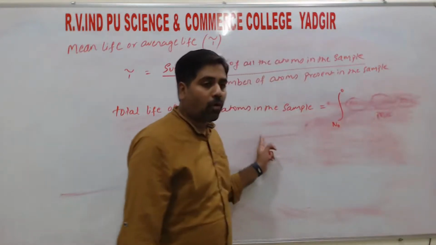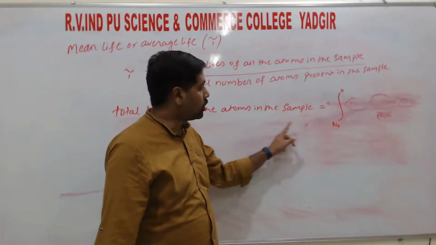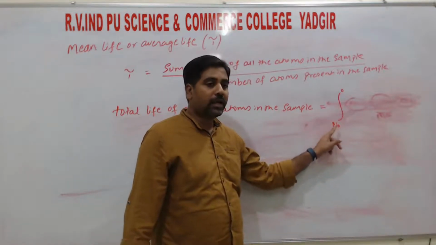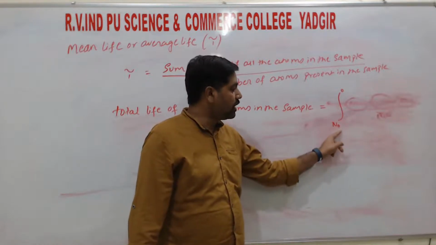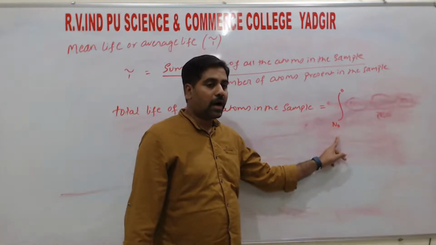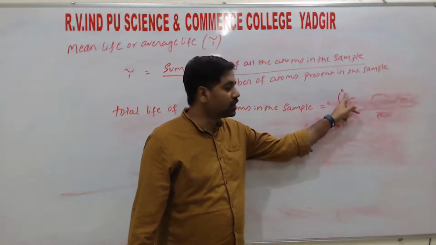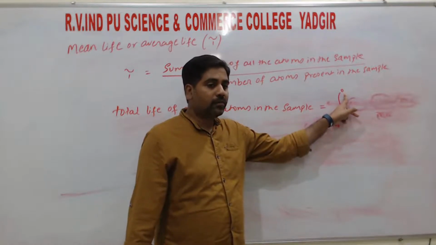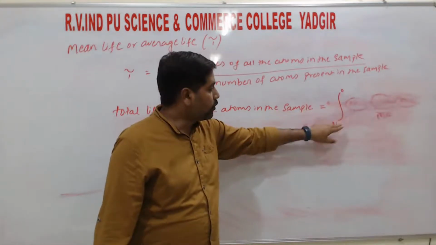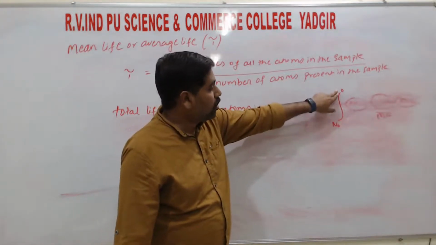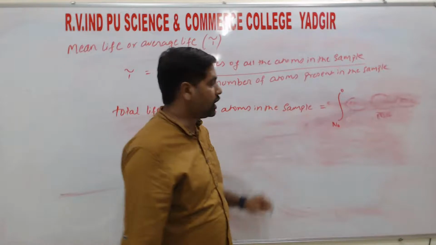That means the overall disintegration of all the atoms. The initial value is n0, the parent atom. If n0 is 100, then that value is 100, right? It reduces to 0 value. So this one is the lower limit and this one is the upper limit. That means it disintegrates from n0 to 0, right?